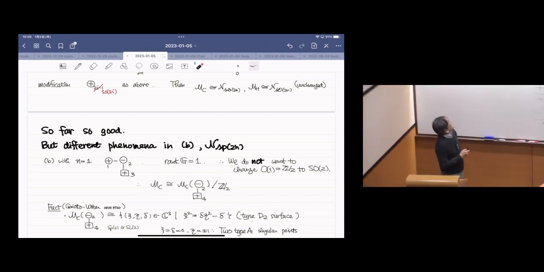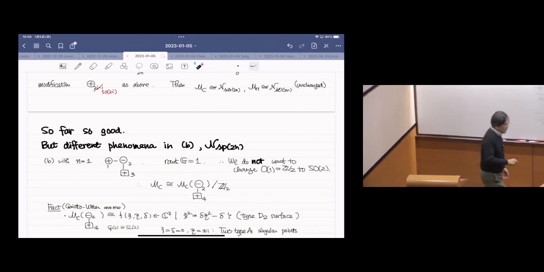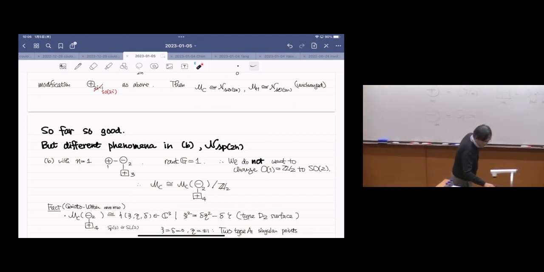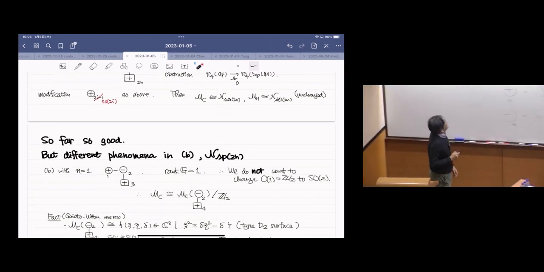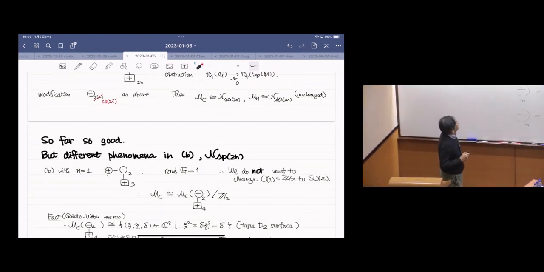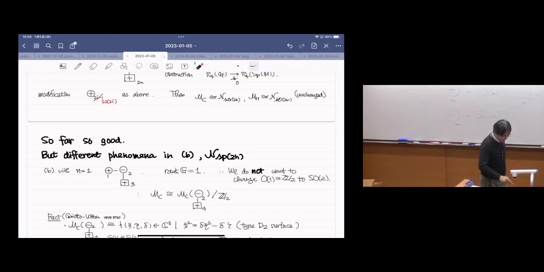So if you believe the symplectic duality, then we should somehow get the nilpotent cone for Sp2, which is 2-dimensional. So the previous answer, where we replace the odd orthogonal group by SO even, if I replace this by SO2, then it's not correct. The dimension is not correct. So we don't want to change the dimensions.